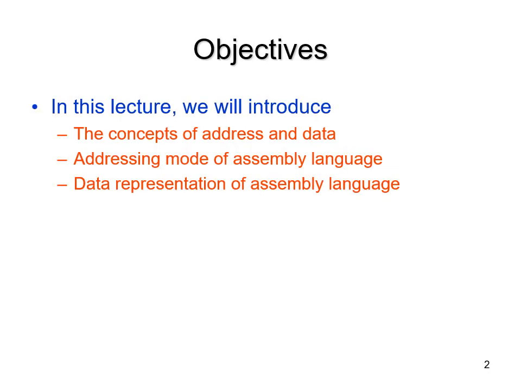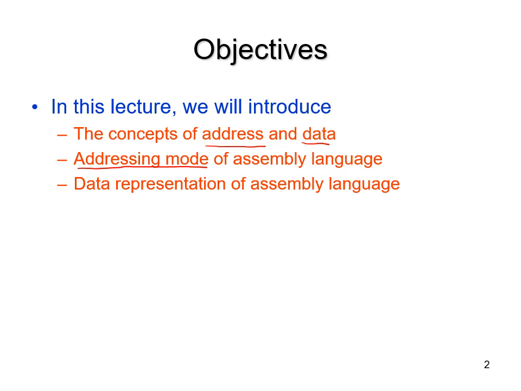Okay, now here we have the objectives of this lecture. Firstly, we are going to give you the concept about the address and also the data. Actually, more or less, we have given the concept about address and data before. And then we are going to talk about different addressing modes we find in assembly language.